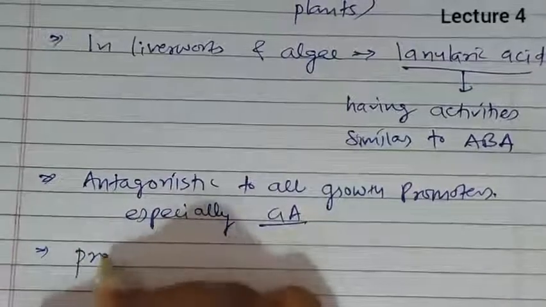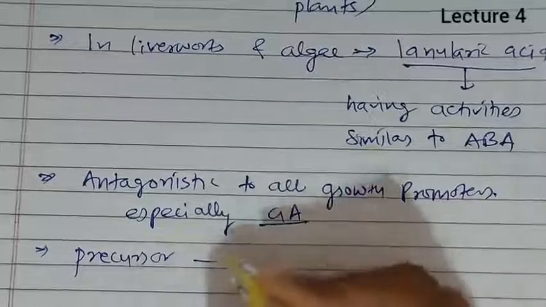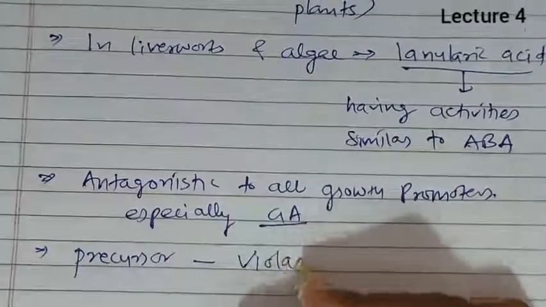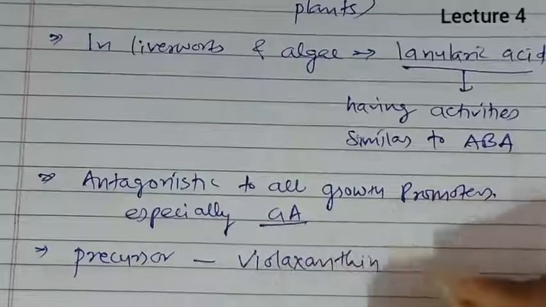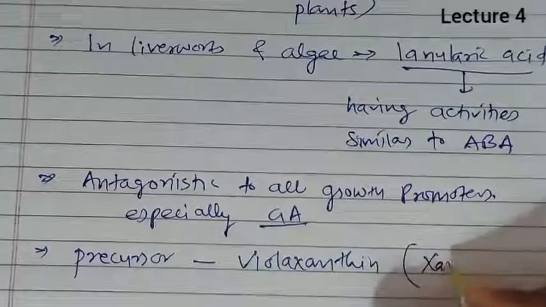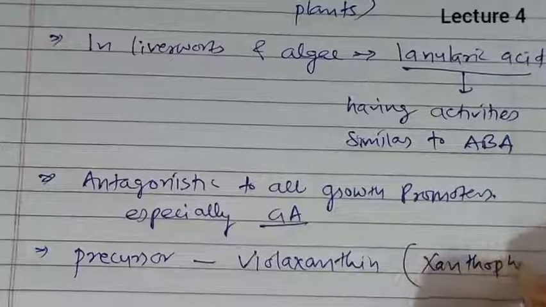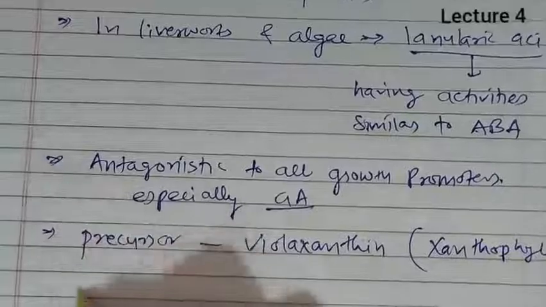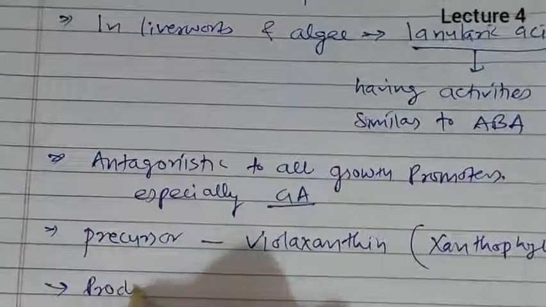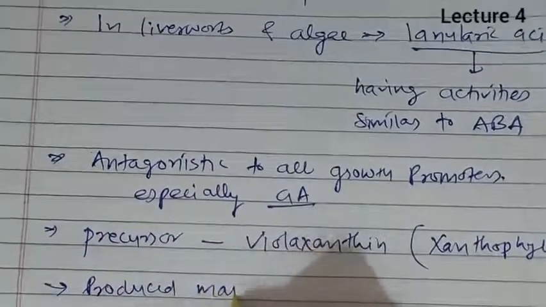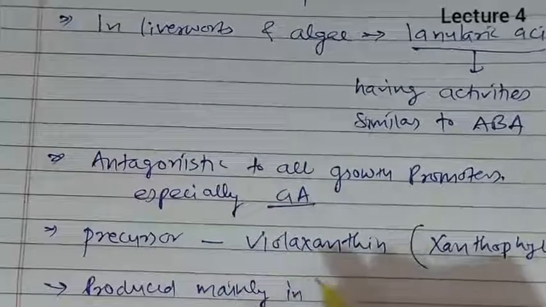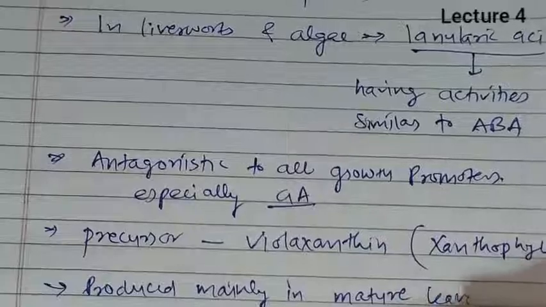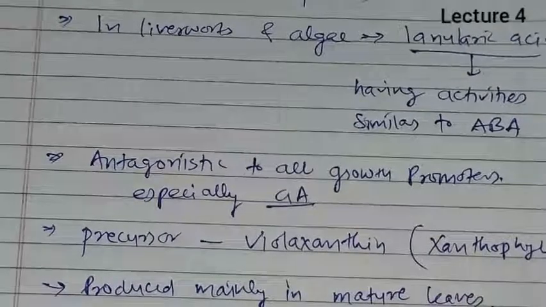When we talk about the precursor of abscisic acid, that is violaxanthin, which is a type of xanthophyll in chloroplasts, produced mainly in mature leaves.